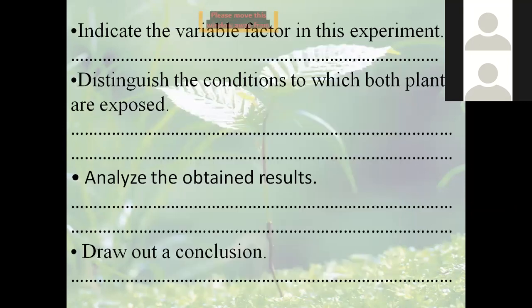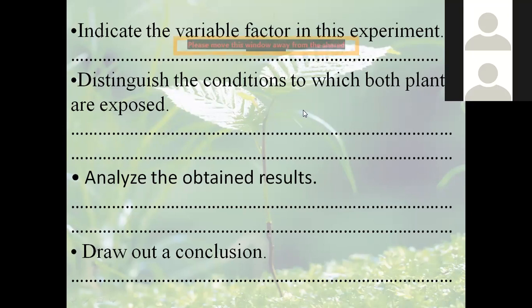Moving to the second part: distinguish the conditions to which plants are exposed. In plant 1, the root hairs and the root cap are placed in water. However, in plant 2 or tube 2, the plant is placed in water and oil, where the root hairs are in oil and the root cap is placed in water too.